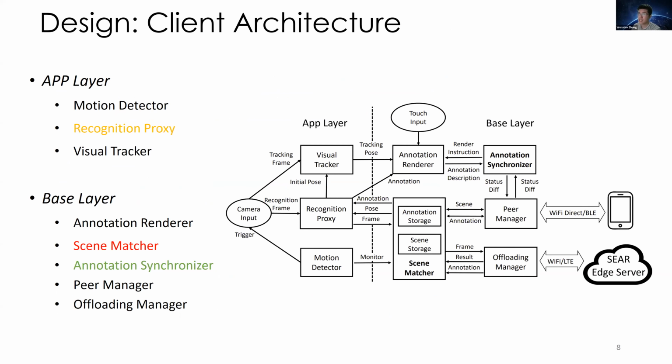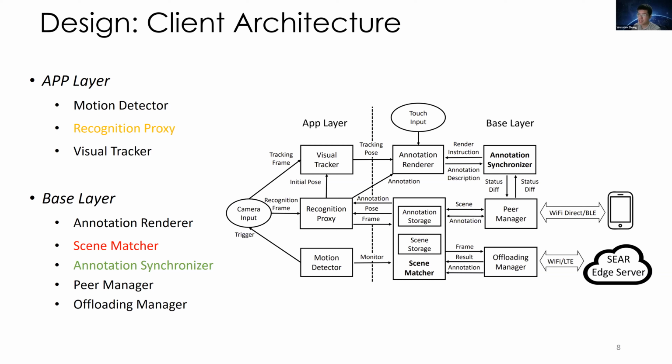Okay, let's take a look at our client architecture. We divide the whole application into two layers. The application layer, which is written by the application developer, contains the motion detector, the recognition proxy, which does not actually do the recognition, and the visual tracker.